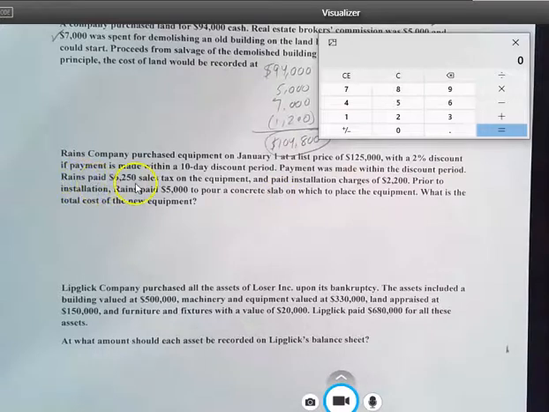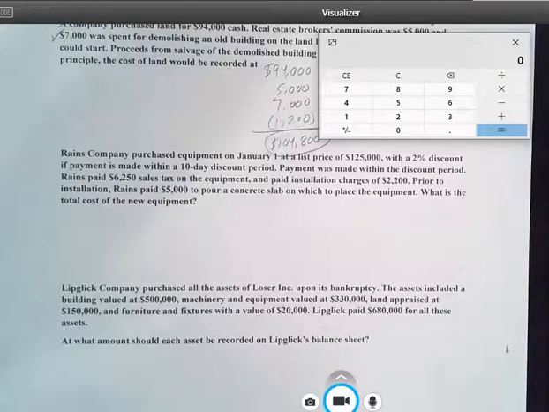Raines paid $6,250 sales tax, so they live in a very low sales tax state, evidently, and paid installation charges of $2,200. Prior to installation, Raines paid $5,000 to pour a concrete slab on which to place the equipment. What is the total cost of the new equipment?